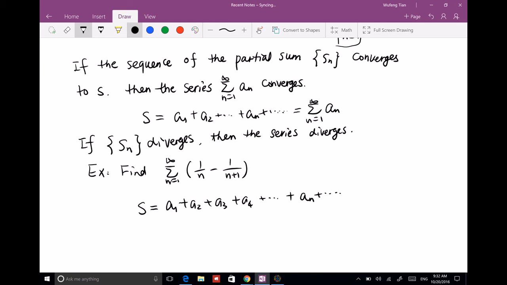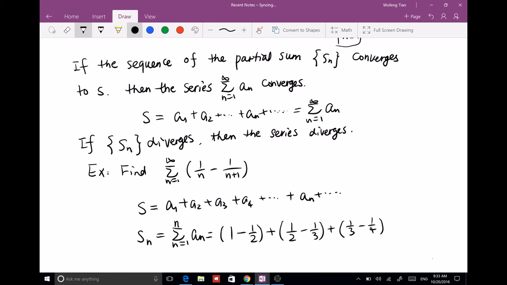So let's see what Sn is. Sn is the sum from n equals 1 to n of An. So it equals, A1 is 1 minus 1/2, A2 is 1/2 minus 1/3, A3 is 1/3 minus 1/4, continuing, and the last one is 1 over n minus 1 over n plus 1.